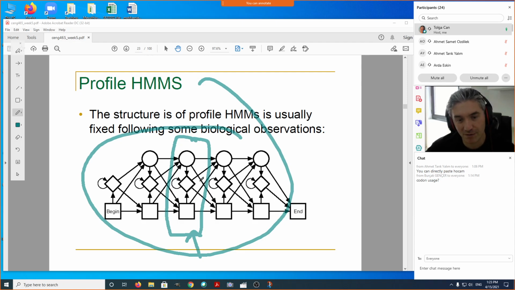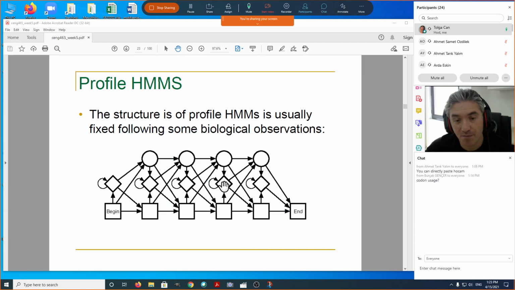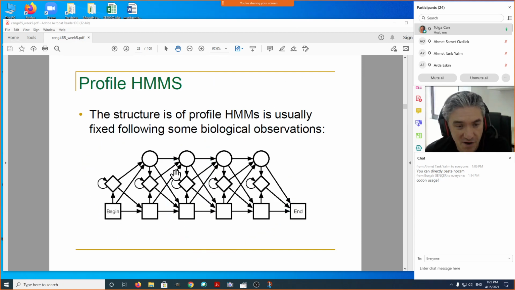So in other words, you can enlarge this by adding more of these 3 states one after another in the model. So this is a profile hidden Markov model, which is a very common model used to model protein sequence families.